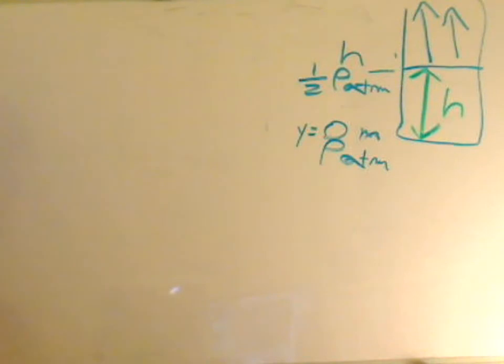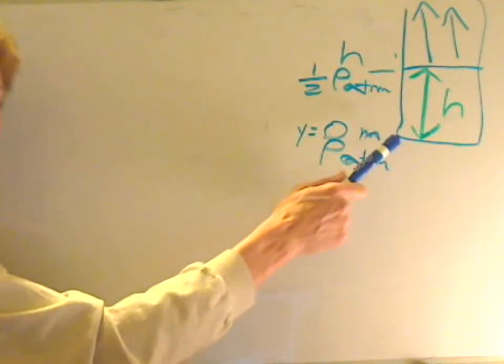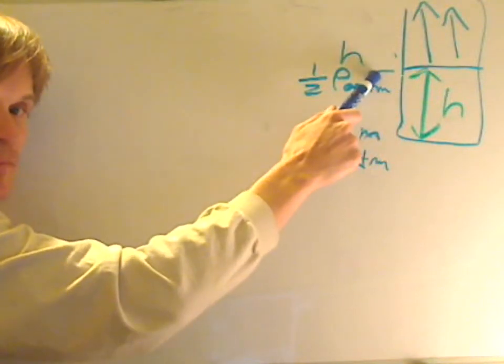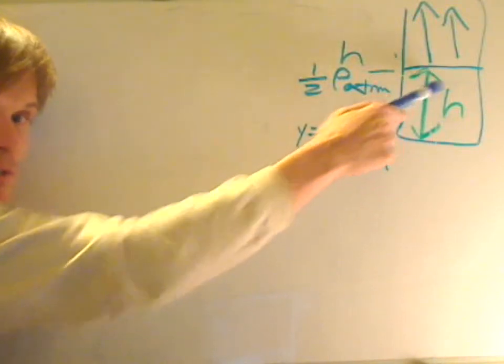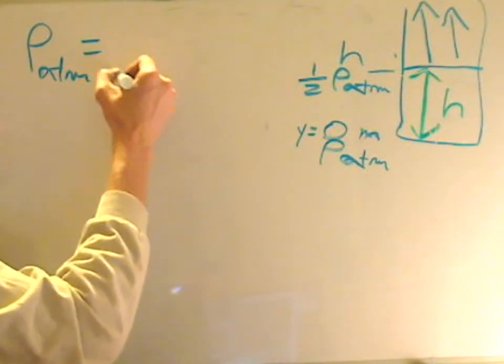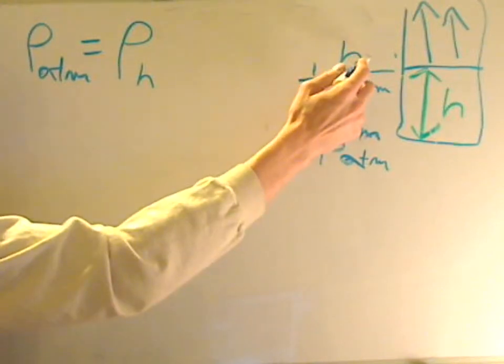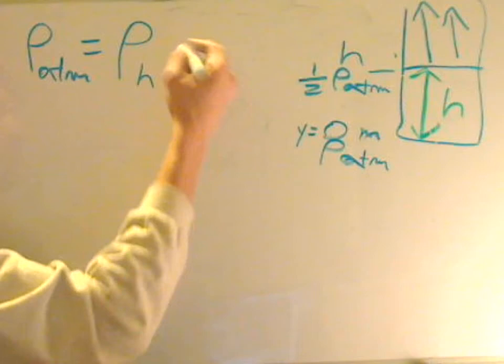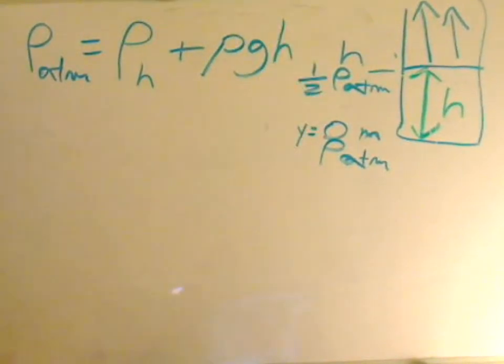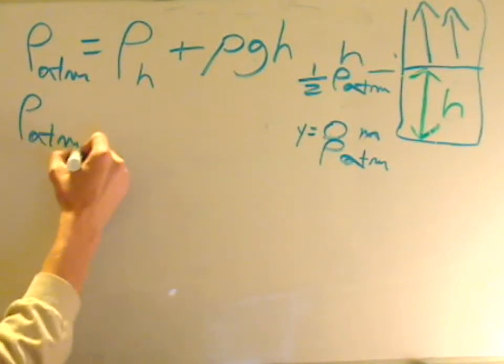To figure out this height, again, the pressure at sea level is going to be equal to the pressure of this whole column above our height H, plus the pressure from this column of height H. So our sea level atmospheric pressure is equal to the pressure at height H, whatever pressure you have when you're standing at this height, plus the pressure from this column of height H, so plus rho g h.